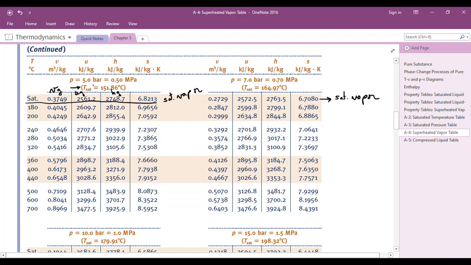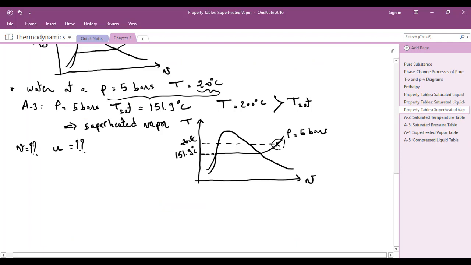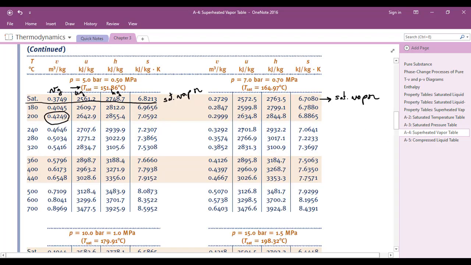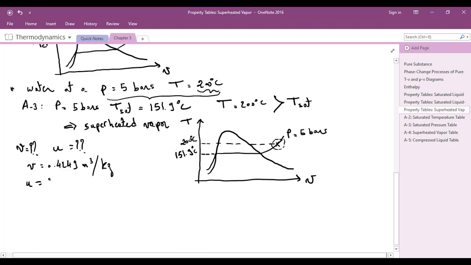So 200 is higher than the saturation temperature, and we can read the values for the specific volume, 0.4249 meter cube per kilogram, and the internal energy will be equal to 2642.9 kilojoule per kilogram.